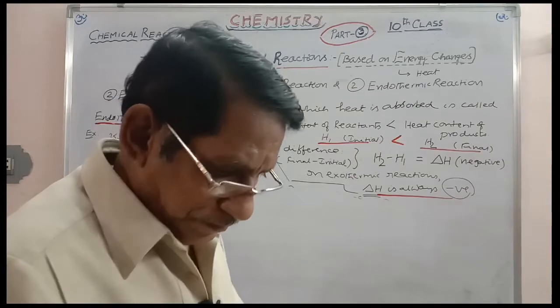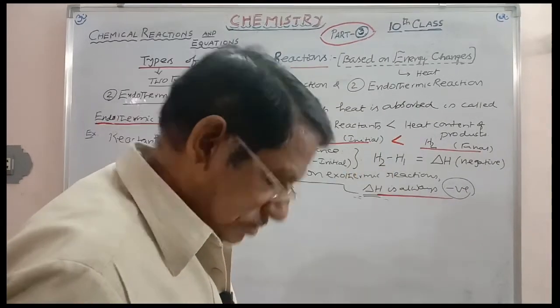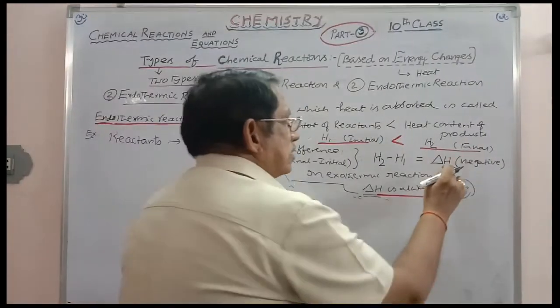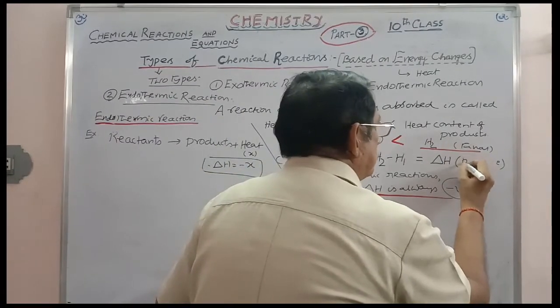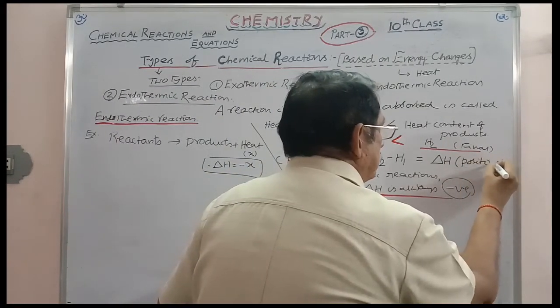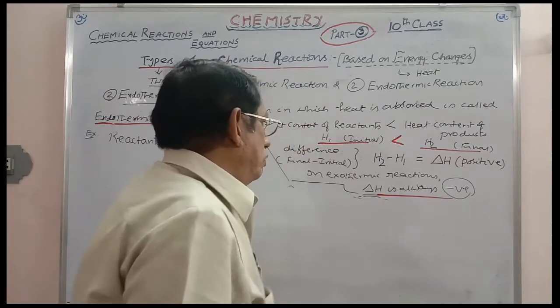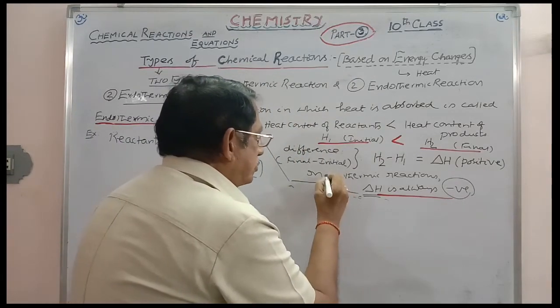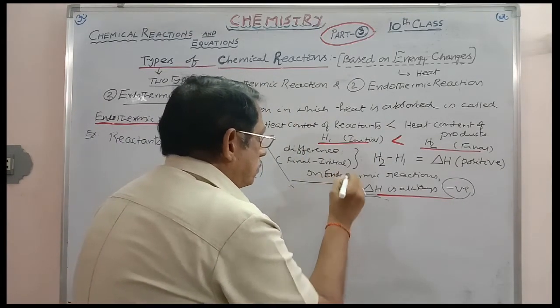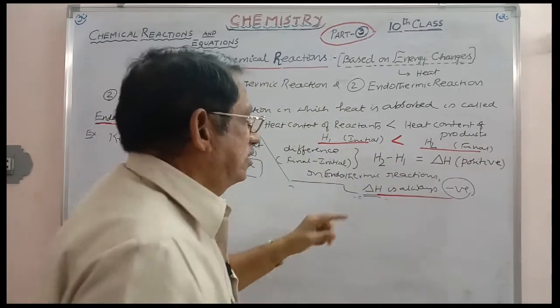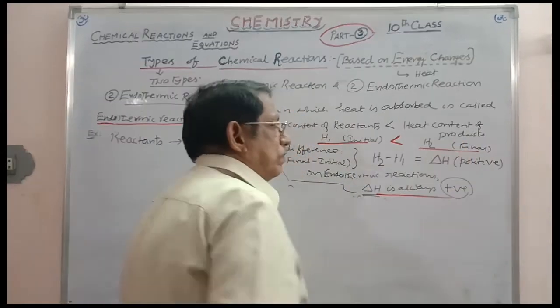And that is why, as H2 is greater than H1, delta H here becomes what? Positive. So, in endothermic reactions, delta H is always positive.